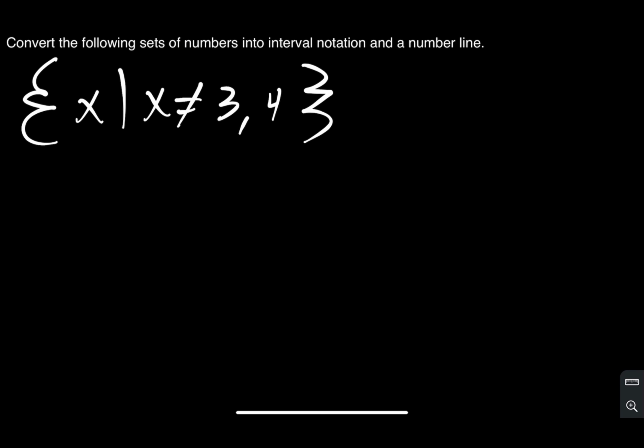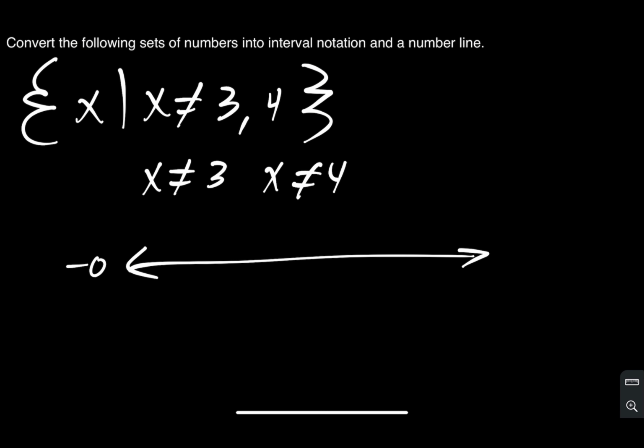So what about this inequality? We have x cannot equal 3, comma 4, which we can write as x cannot equal 3 and x cannot equal 4. So let's draw a number line. We have the values 3 and 4 given to us. So x cannot equal 3. Anytime we have a cannot equal sign, we represent that with a hollow point.